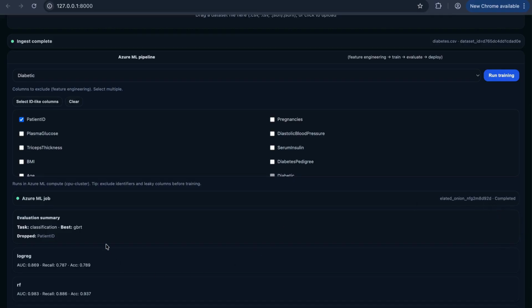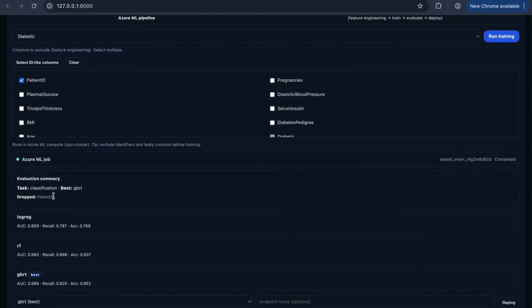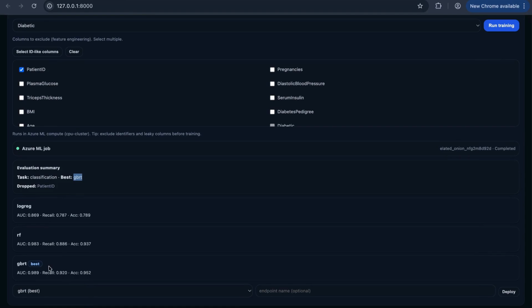Once it finishes, we can see the evaluation summary, and we can see that we dropped the patient ID. This is a classification task, and the GBRT algorithm was the one that reached the best metrics. In this case, the AUC was better than the logreg and RF.